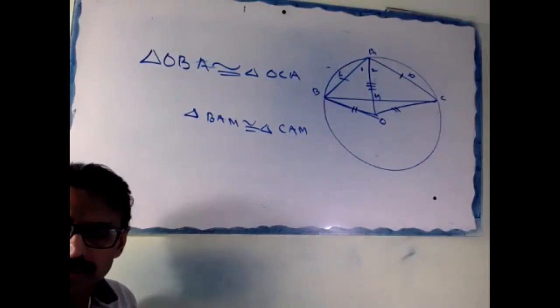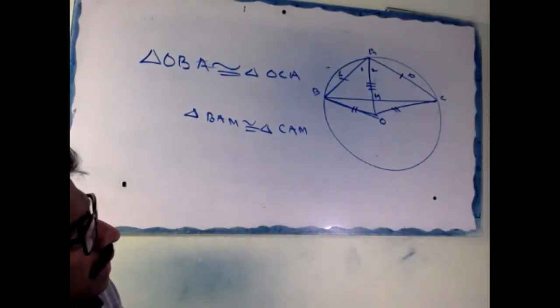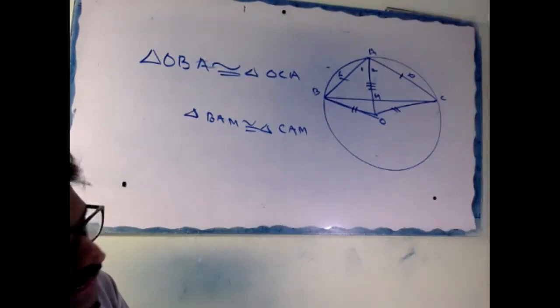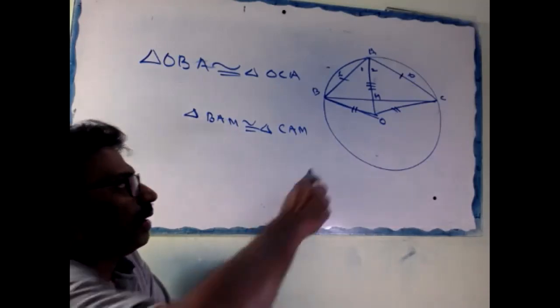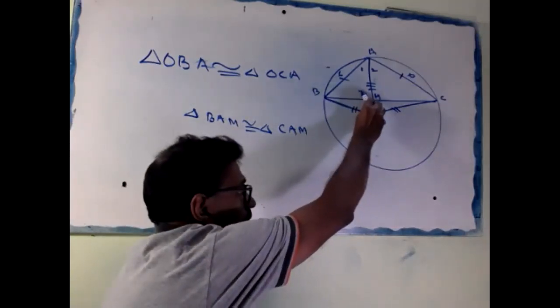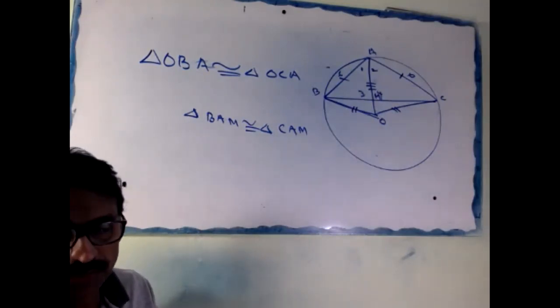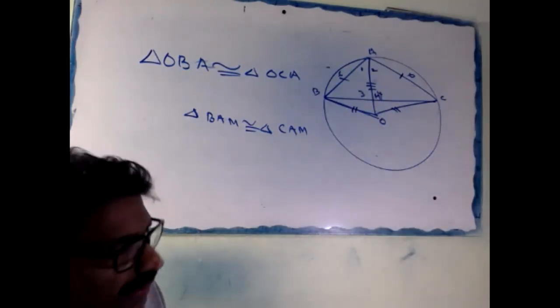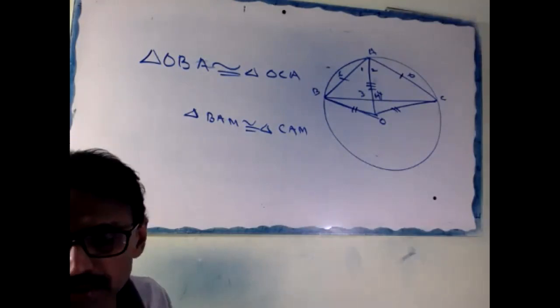Hence, BM equal to CM and angle 3 equal to angle 4, CPCT. But 3 plus 4 equal to 180, linear pair. That means OA is the perpendicular bisector of BC.